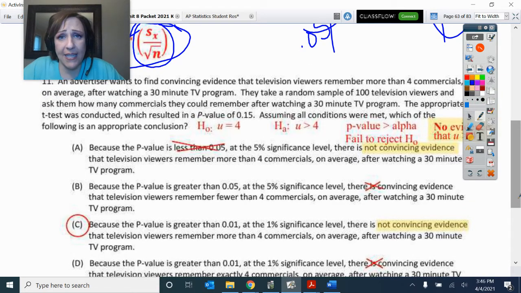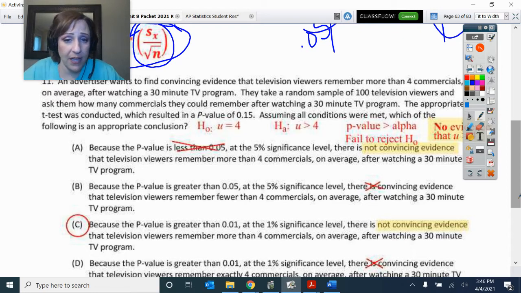So here we had one. In order to think through this, I have to think through the hypothesis testing process. This problem was asking if there's convincing evidence that television viewers remember more than 4 commercials on average after watching a 30-minute program.